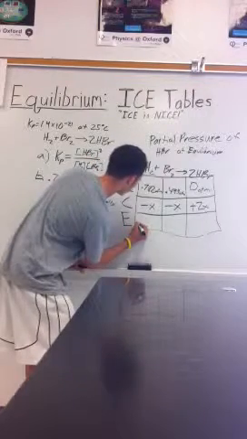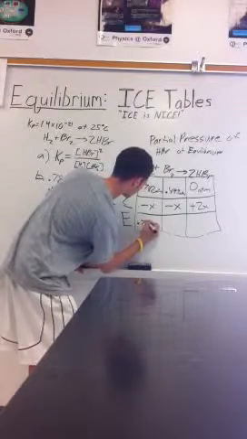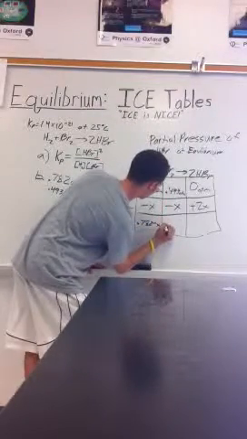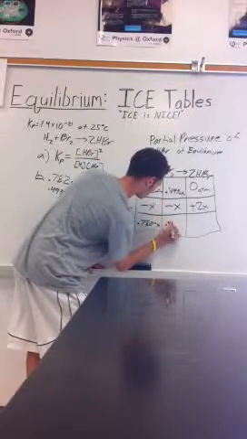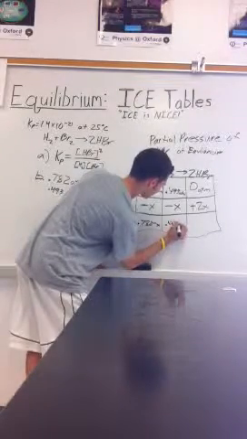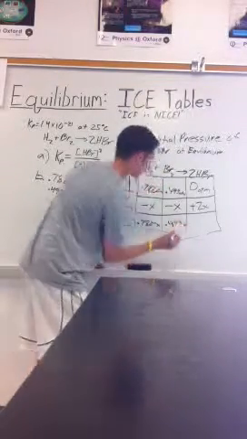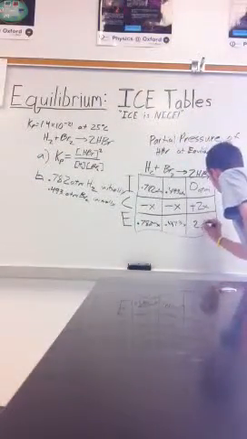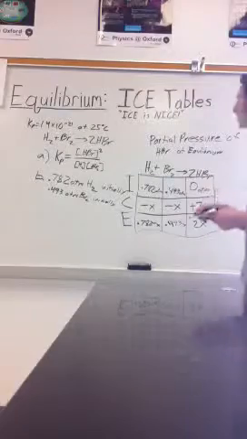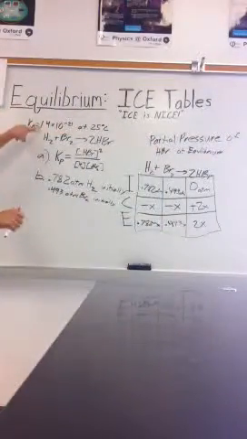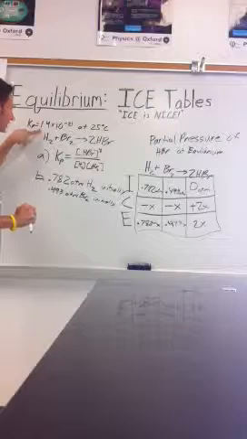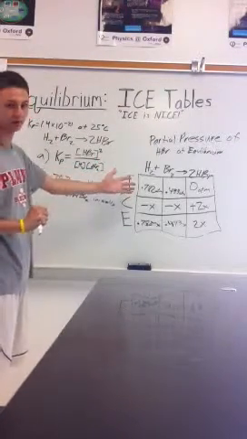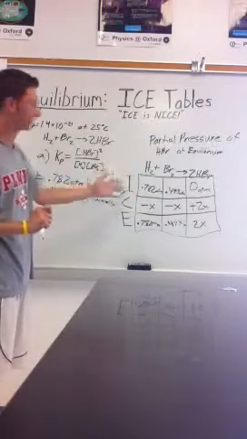So you have for the hydrogen, you have 0.782 minus X. For the bromine, you have 0.493 minus X. And for the 2HBr, you just have 2X. Okay, now we were given in the first part, Kp equals 1.4 times 10 to the negative 21st at 25 degrees Celsius. This is at 25 degrees Celsius, also known as 298 Kelvin.